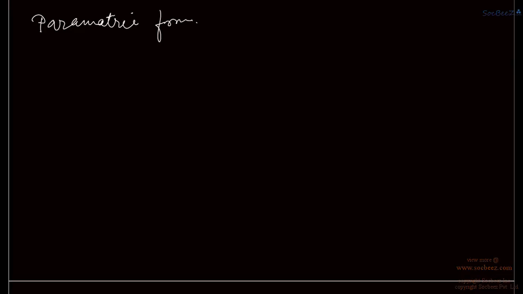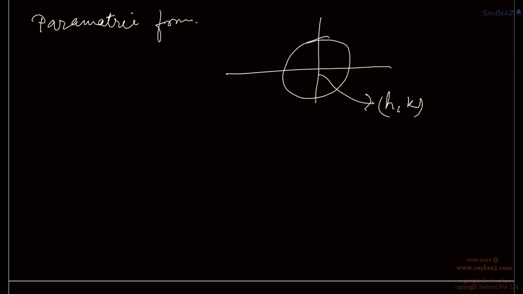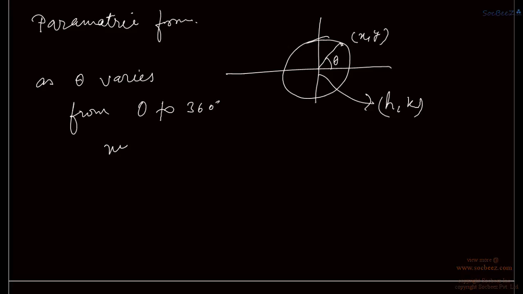Suppose this is a circle with center as H, K, and this is a moving point X, Y, and say this is the angle theta. So we can write X in terms of theta. As theta varies from 0 to 360 degrees, we get a circle.